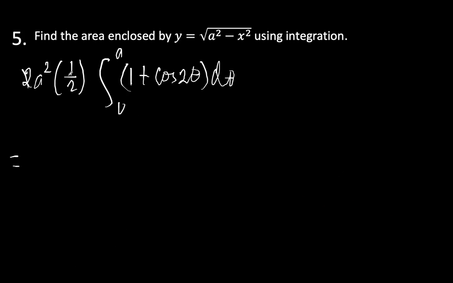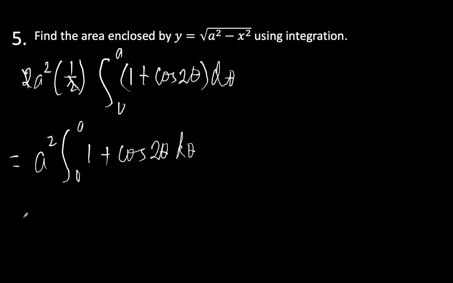And we can simplify this. So this becomes a squared times the integral of 1 plus cosine 2 theta with respect to theta. Now to integrate this, let's integrate this term by term. So let's distribute.